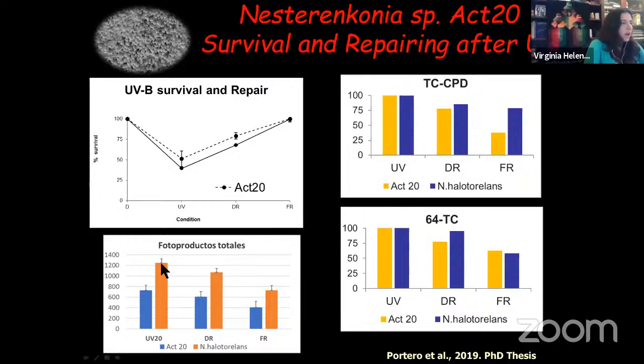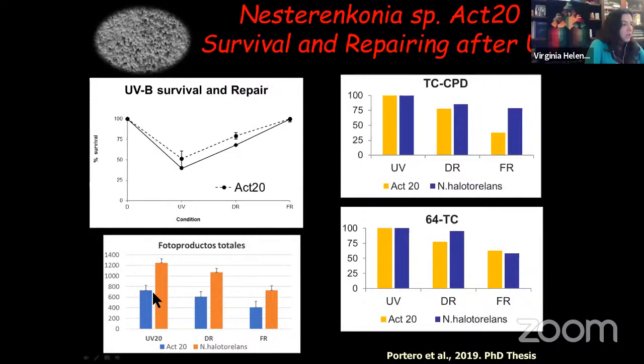So allotolerans, although the growth was not very different, has almost double the photoproducts after UV, 20 minutes of UV. So this is the first thing. The second thing is that the dark repair and the photo repair are efficient in allotolerans to deplete the damage. Okay, so we have here less DNA photoproducts, and in photo repair much less.